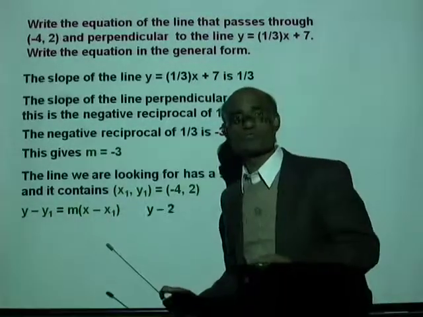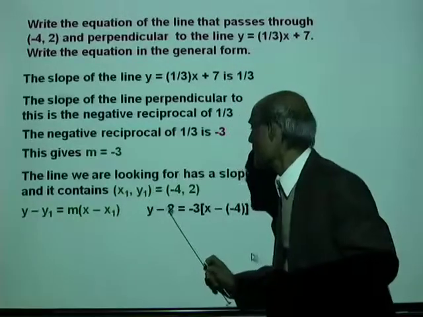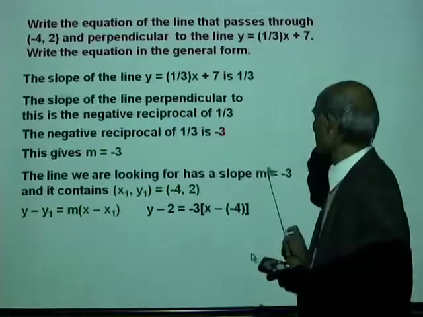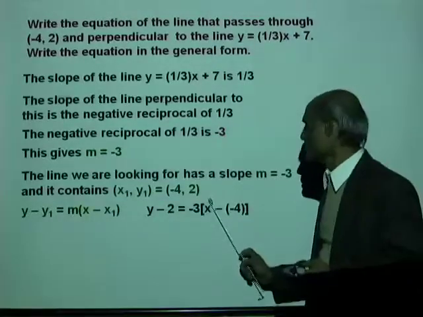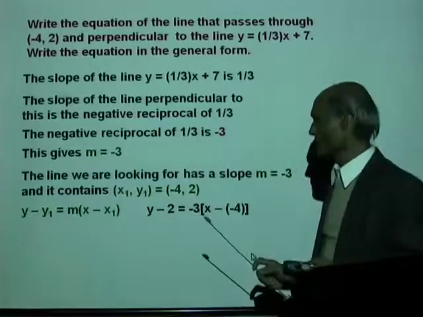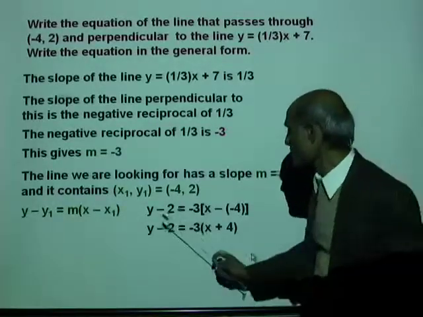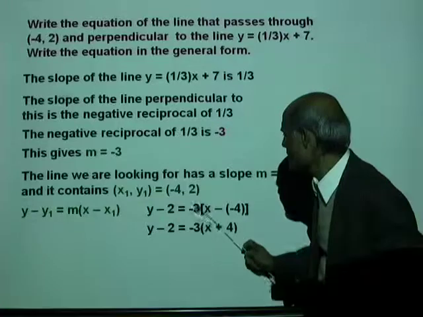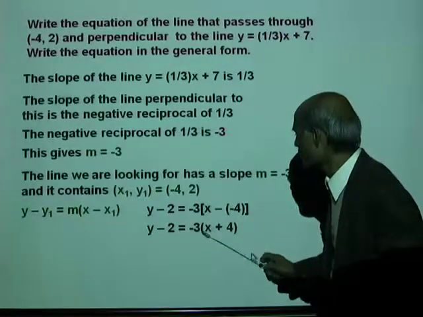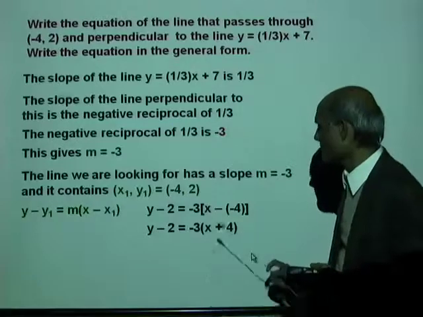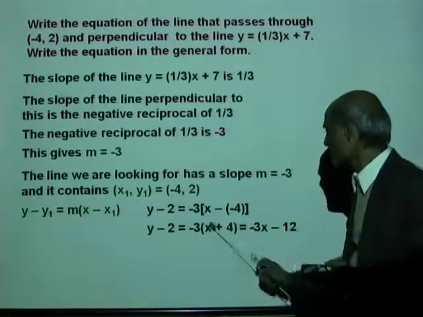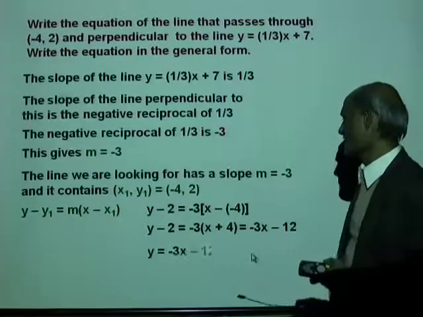So let's use those values. y minus 2 equals -3, the slope, times (x minus -4), which becomes (x plus 4). Now distribute, that would be -3x minus 12.